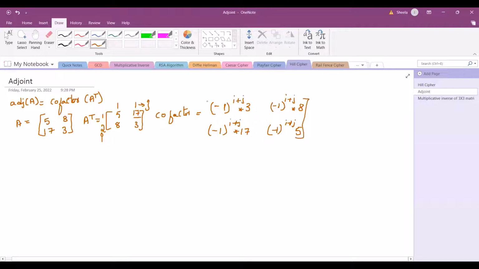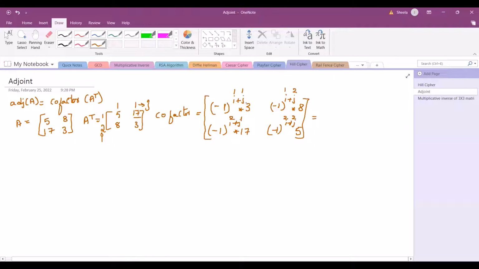For the first row and first column, i is 1 and j is 1. In this case i is 1, j is 2. Here i is 2 and j is 1, and in this case i and j both are 2.